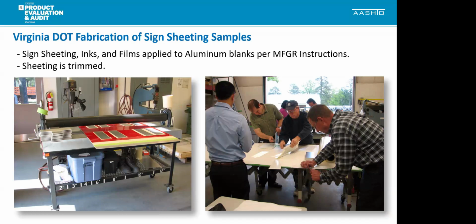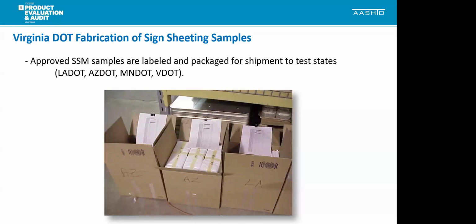So you can see on the left a picture of sign blanks and sign sheeting going through a roller table, and then on the right we end up trimming that sheeting to get the samples ready to be labeled. And once we label those samples, then we will send those samples off to the different DOTs. Virginia has their own outdoor weathering rack, so we will keep a group. We will also send samples out to Louisiana, Arizona, and Minnesota.